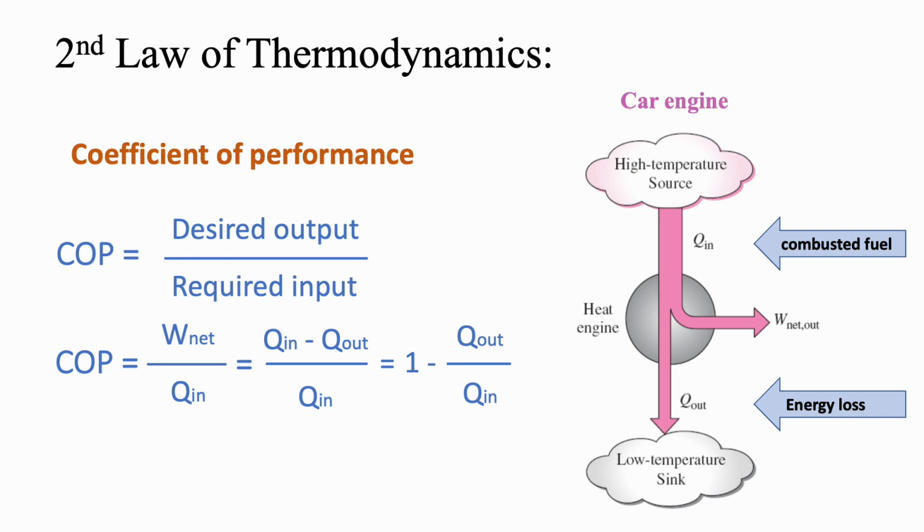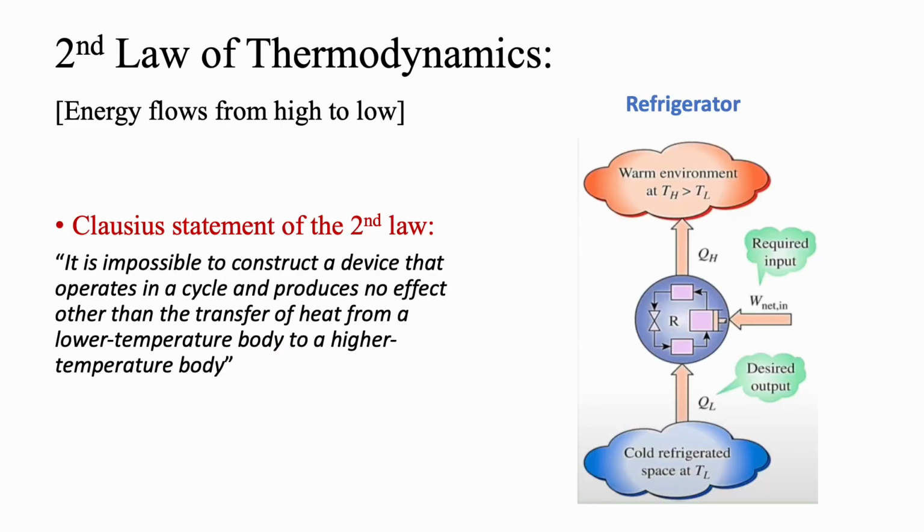Now moving on to Clausius' statement of the second law, which states that it is impossible to construct a device that operates in a cycle and produces no effect other than the transfer of heat from a lower temperature body to a higher temperature body. Now, the second example represents the system of a refrigerator.